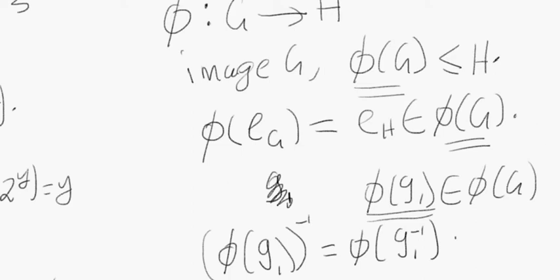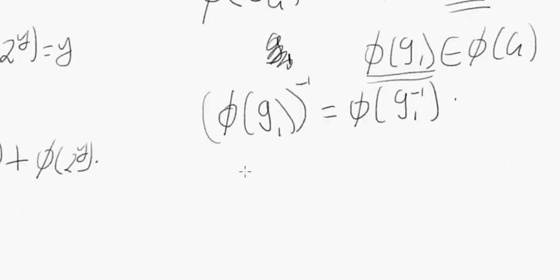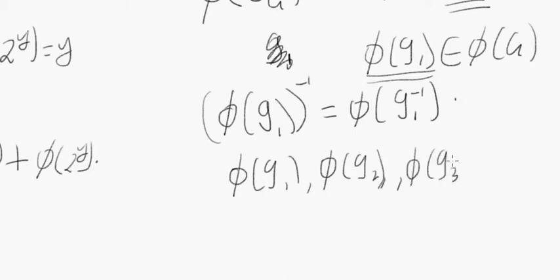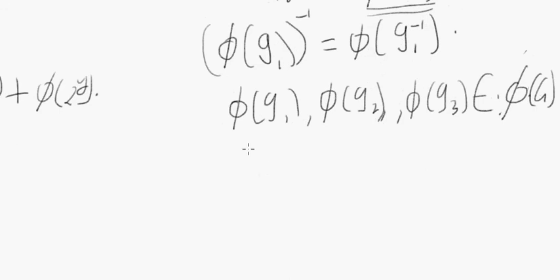To be more clear, let's say phi of G1, phi of G2, phi of G3 are elements of phi of G, the image.